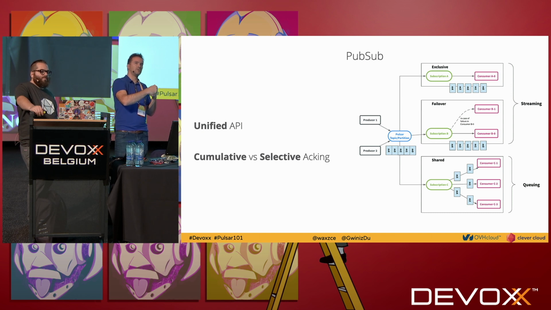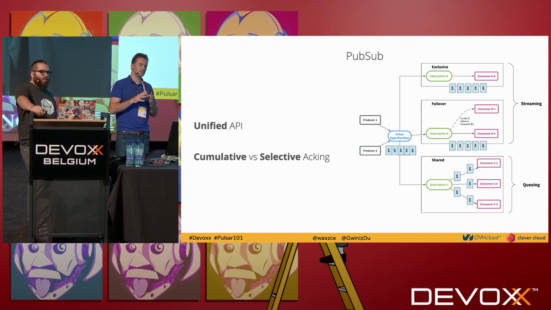But the previous one is still ongoing. So you can acknowledge message by message. And it's a very big deal, because you can't do that in Kafka, or you have to manage your offsets by yourself.